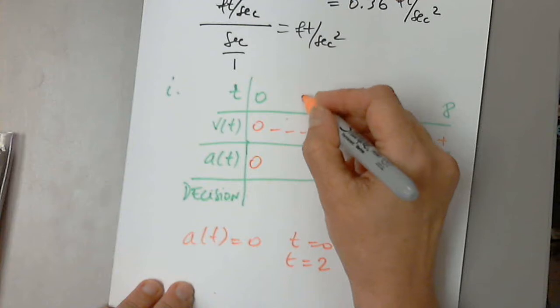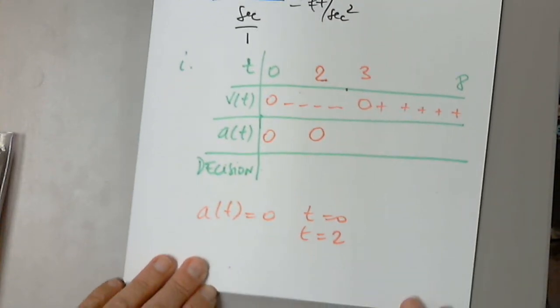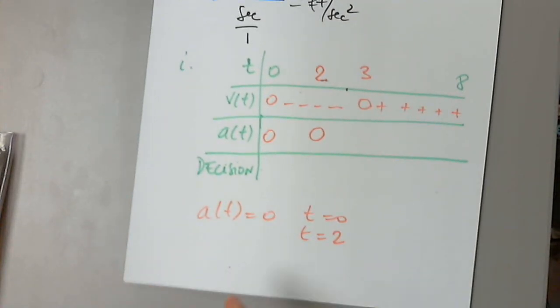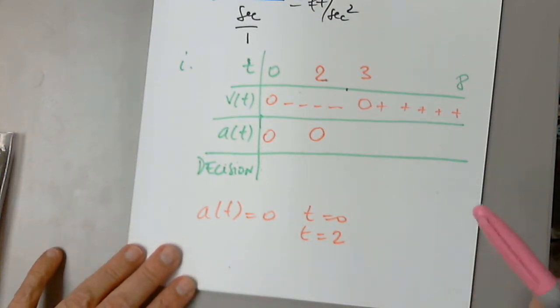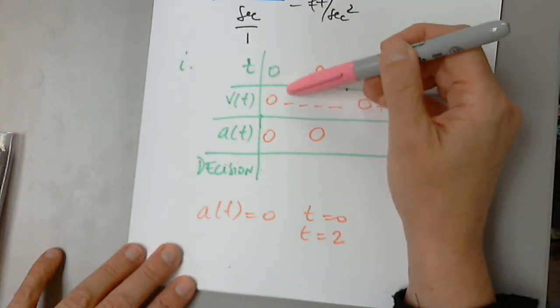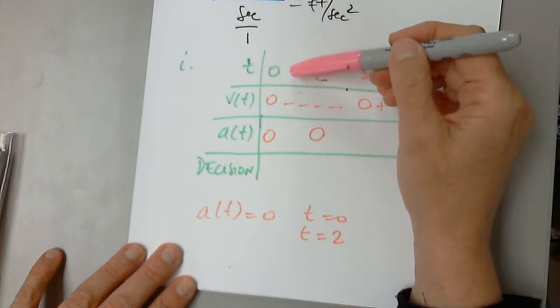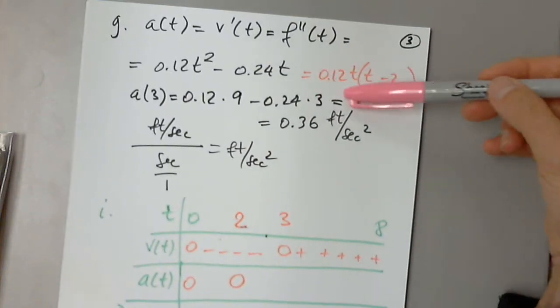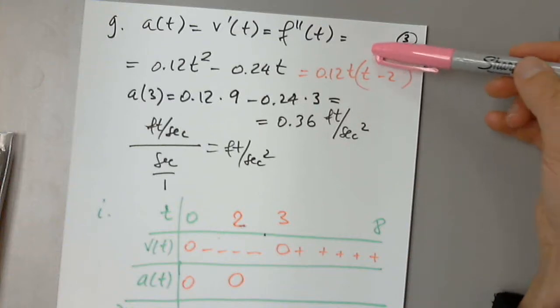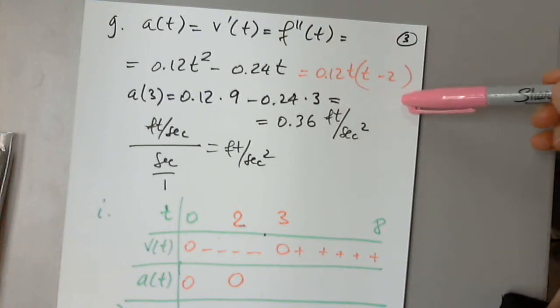So 0 and 2. Now I need to study the sign of the acceleration exactly as we did with the velocity. Please pick a number in between the zeros, like 1, and tell me the sign. Just the sign. I don't care about the number. I need the sign.